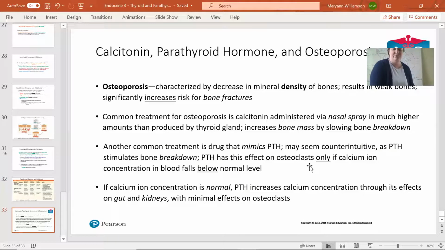But what about when estrogen levels fall? Or if parathyroid levels are very high, or calcitonin levels are too low? Then you can have more resorption of the bone than bone deposition by the osteoblasts, and that can cause problems.